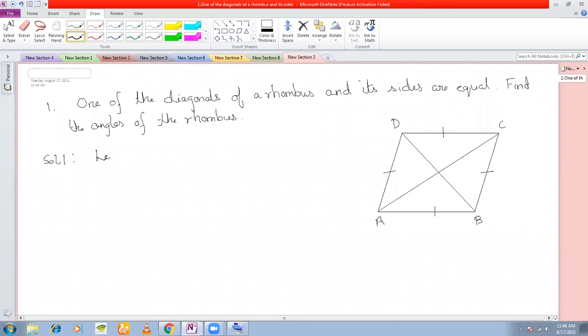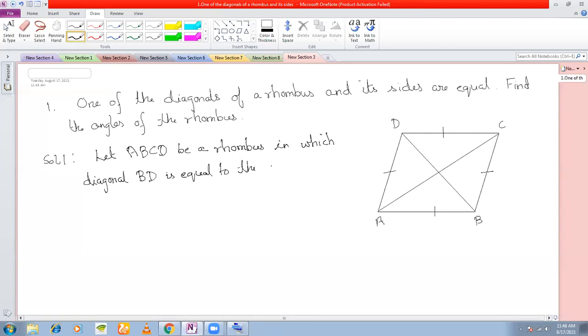Let ABCD be a rhombus in which diagonal BD is equal to the sides of the rhombus.